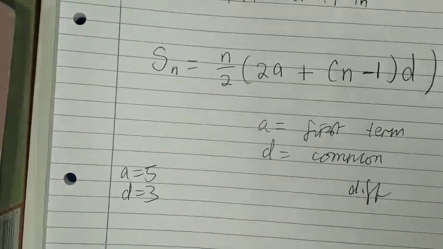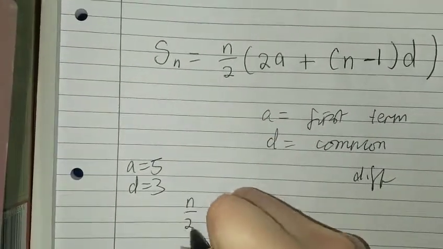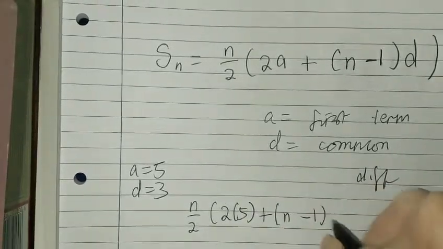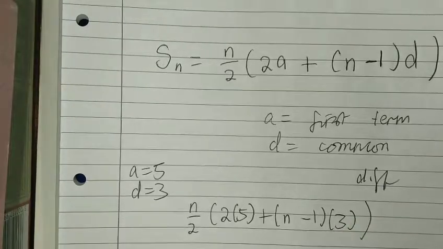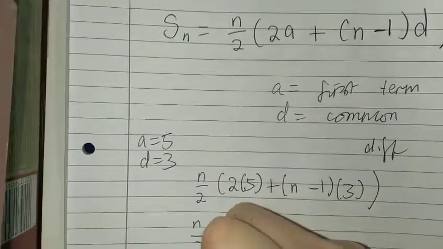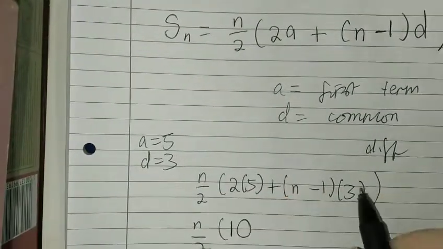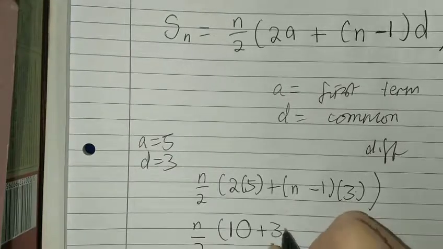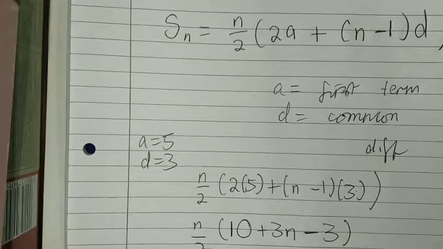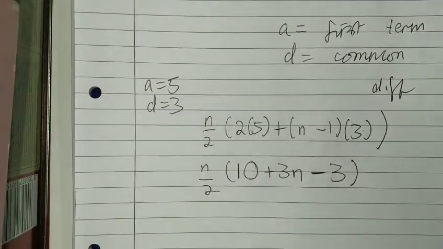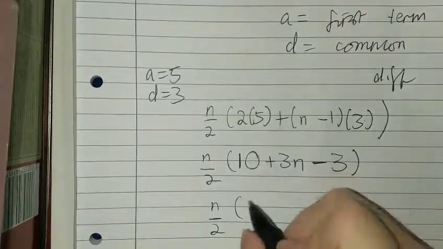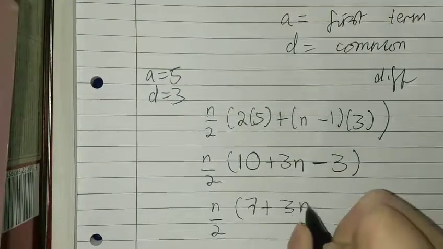So that'll be n over 2, 2 by 5 plus n minus 1 by 3. They haven't given me a pattern number, so I have to leave my n as it is. So that'll be n over 2, 10 plus 3 by n gives me 3n, and 3 by minus 1 gives me minus 3. So I get n over 2, 10 take 3 is 7, plus 3n.